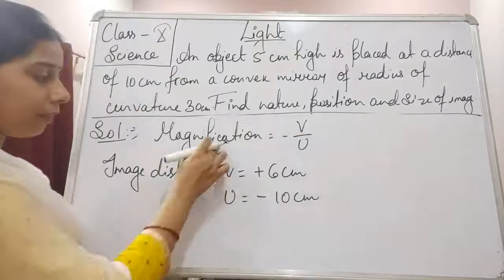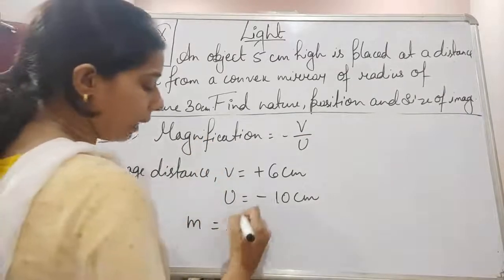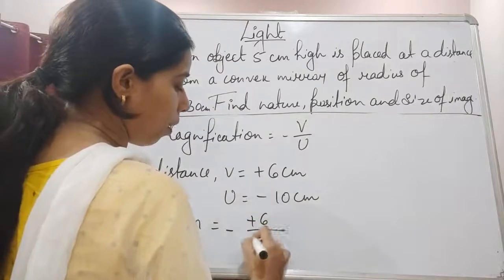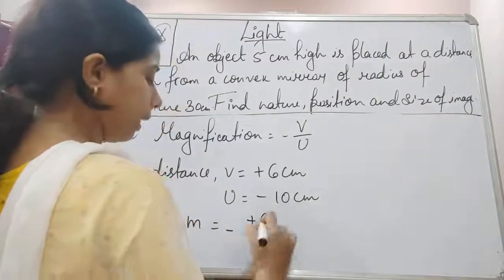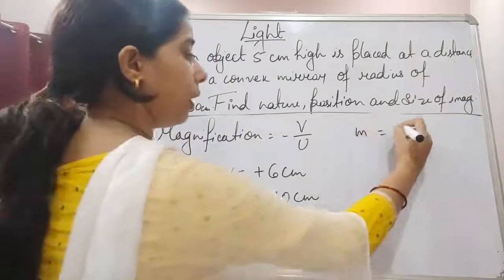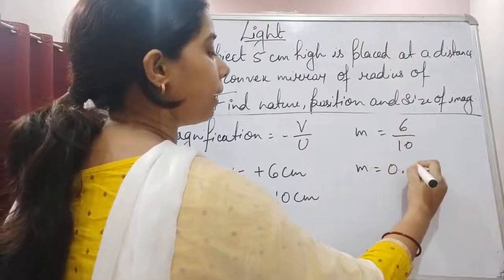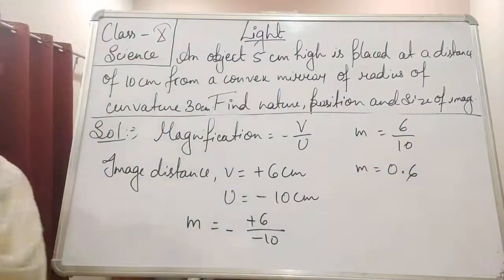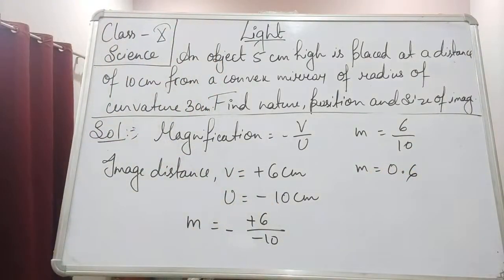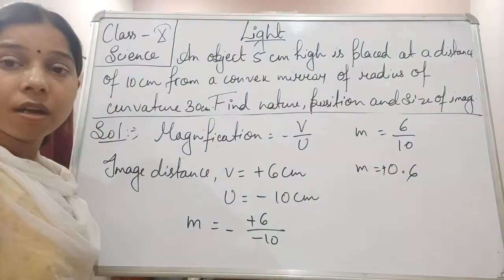Now putting the value, we will get the value of magnification. So m will be equals to minus plus 6 upon minus 10. This minus becomes plus. So m will be equals to 6 by 10 simply. So m will be equals to 0.6, which is plus 0.6. So we get the value of magnification.